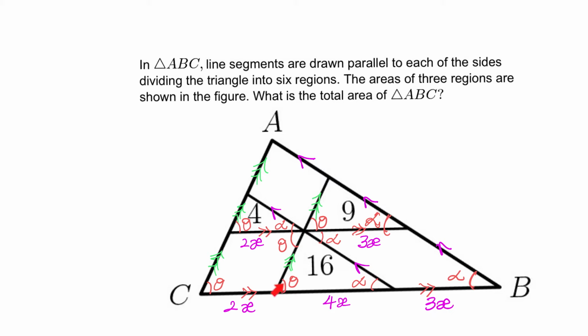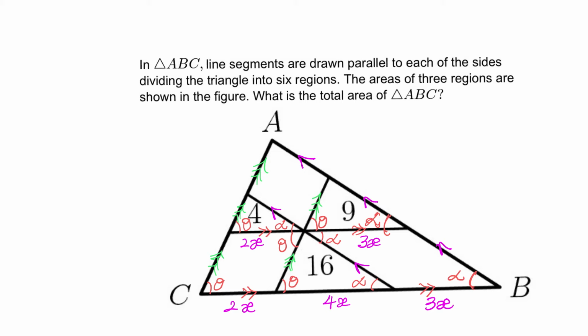That means for this triangle which has area 16 and the triangle ABC, the corresponding sides are in the ratio of 4:9. If they are in the ratio of 4:9, then areas will be in the ratio of 4/9 whole squared. So that logic we can use.